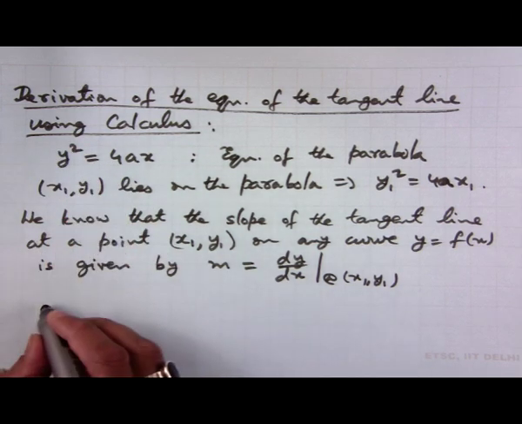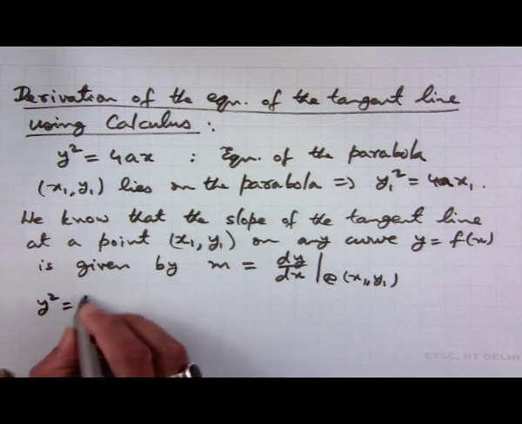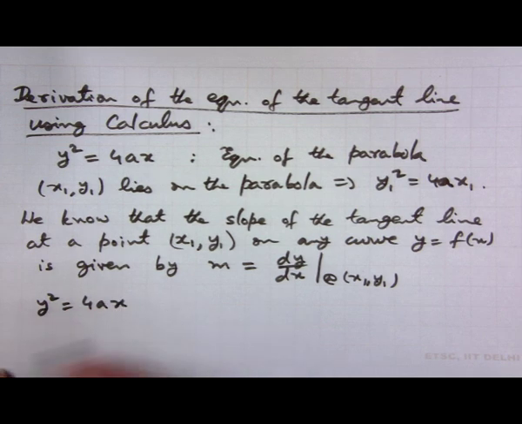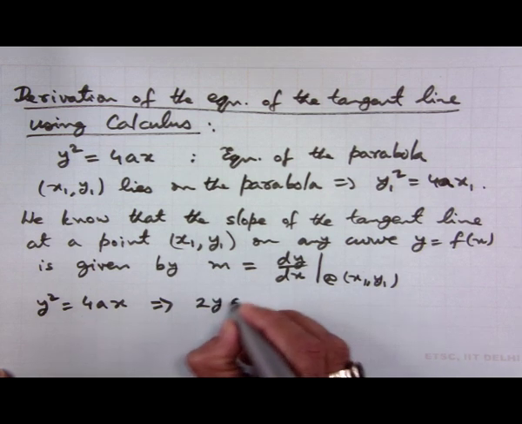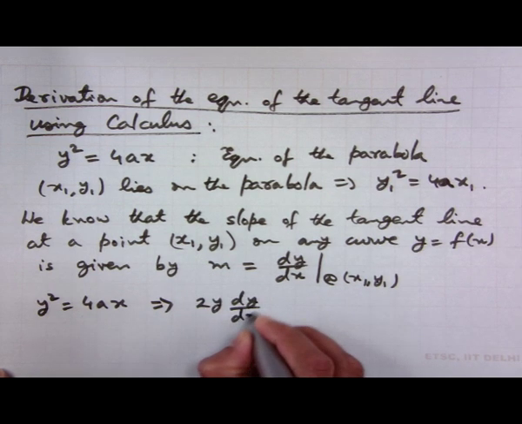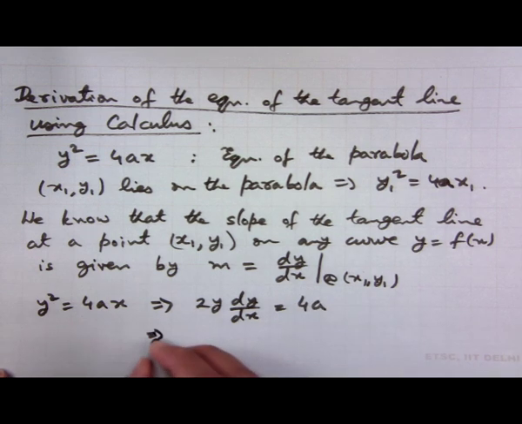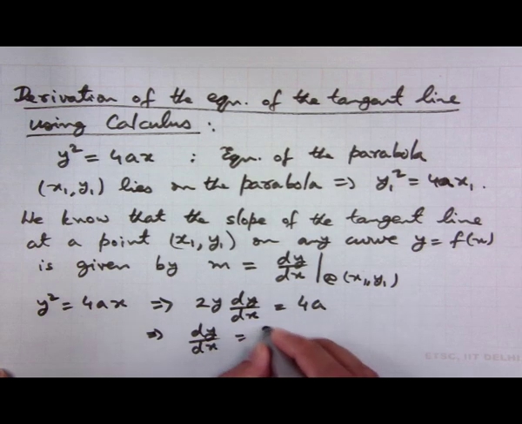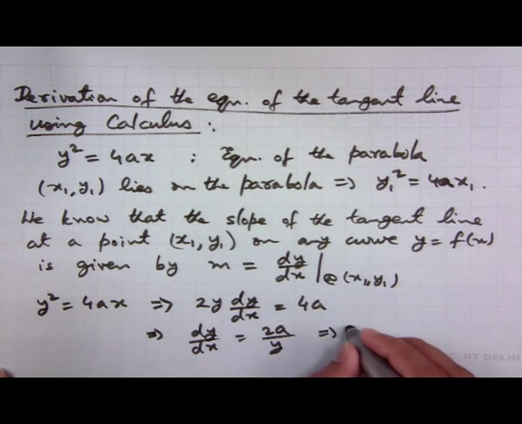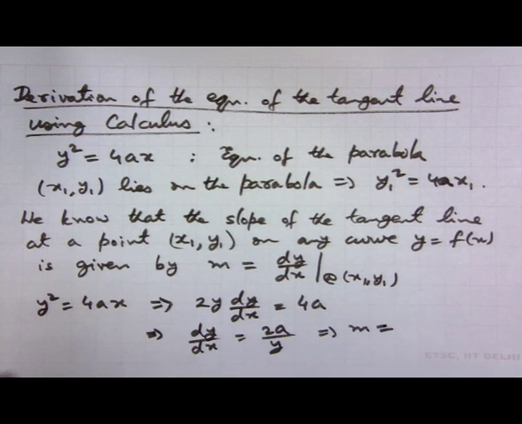So, y square equal to 4 a x. If we differentiate this with respect to x, we get 2 y dy dx is equal to 4 times a, which implies dy dx is equal to 2 a divided by y, which will imply m is equal to the derivative dy dx at the point x 1 y 1.